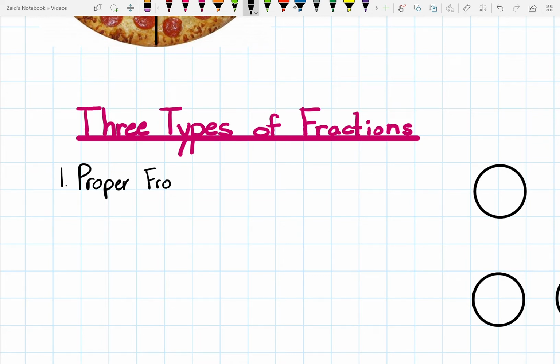A proper fraction is where we have a numerator and a denominator where the numerator is smaller than the denominator.